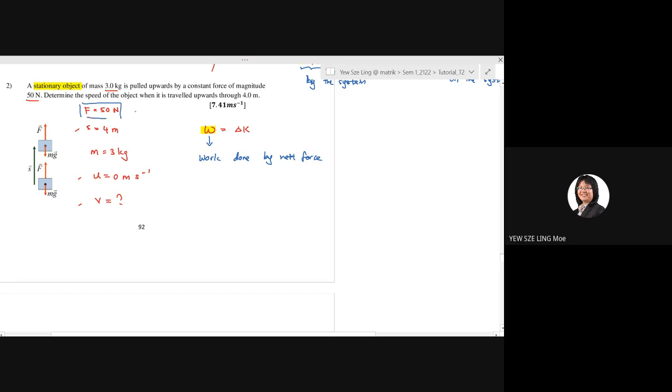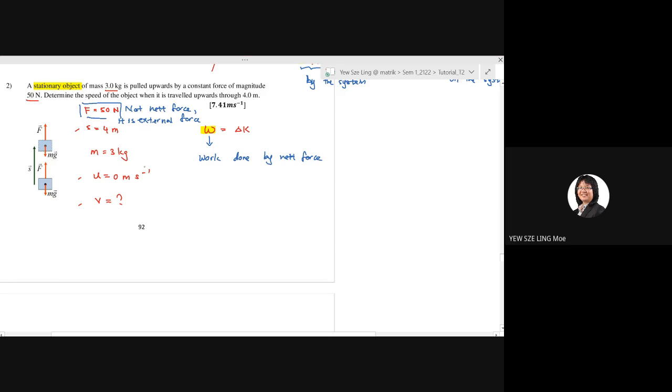This 50 is not the net force, it is an external force. So our main task is to find the value of the net force first.